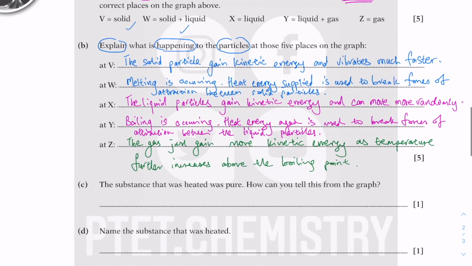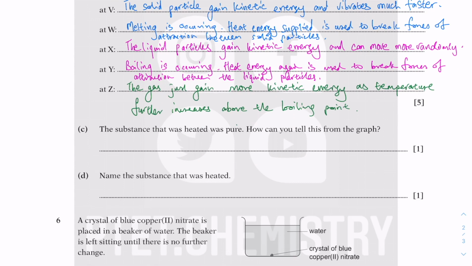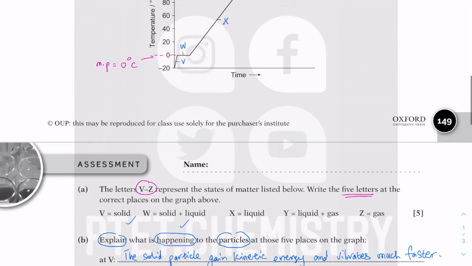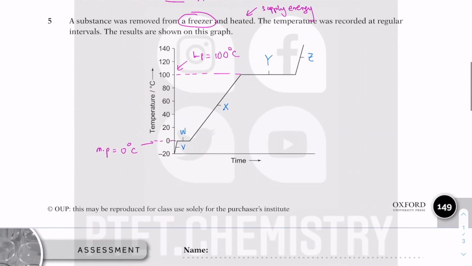All right, so the substance that was heated was pure. A pure substance has a fixed melting point and a fixed boiling point. This is a fixed value because it's not a curve or a slope, but one straight line. This is the melting point, just 0 degrees Celsius.